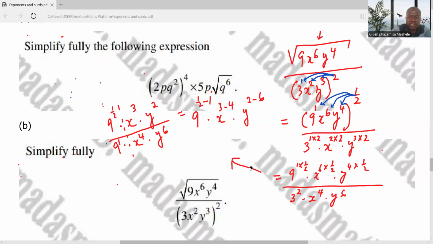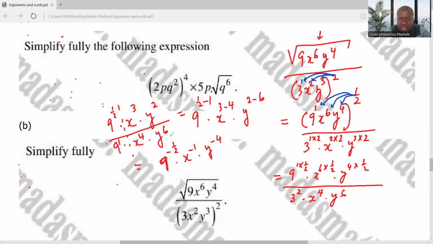Let's work this out. This will give us 9 to the exponent, what is half minus 1? It's minus half. Times 3 minus 4, it's minus 1. And 2 minus 6, it's minus 4.